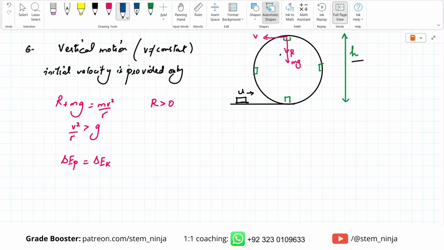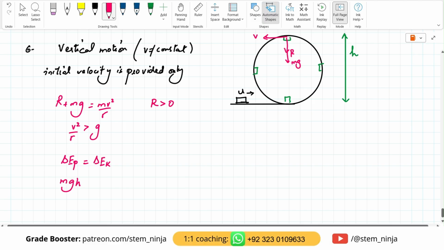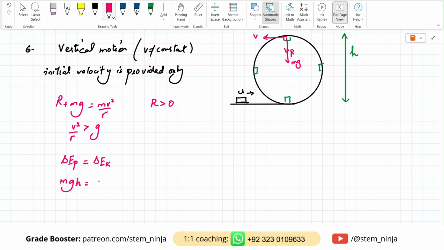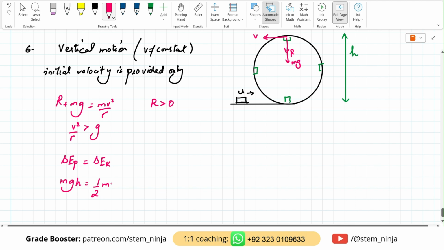So one thing we know, the EP change is mgh, and the change in kinetic energy, we know that V is less, so it's going to be half m u squared minus half m v squared.